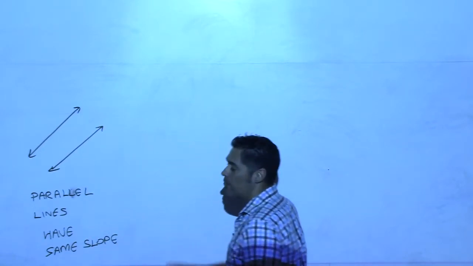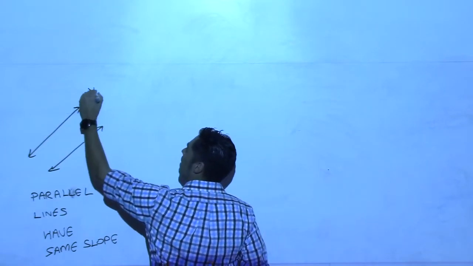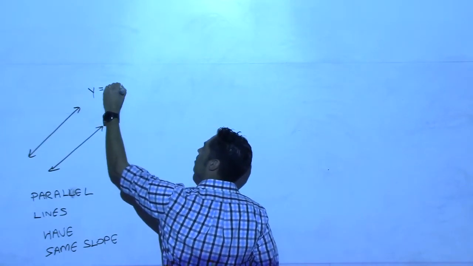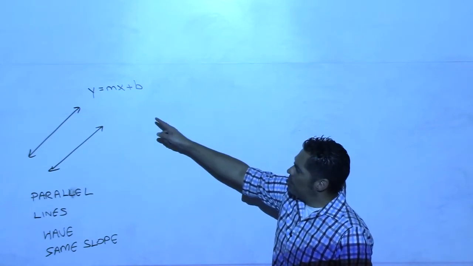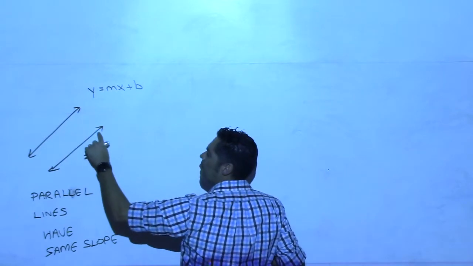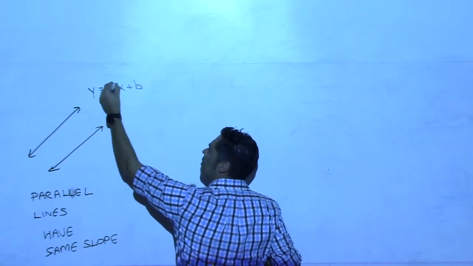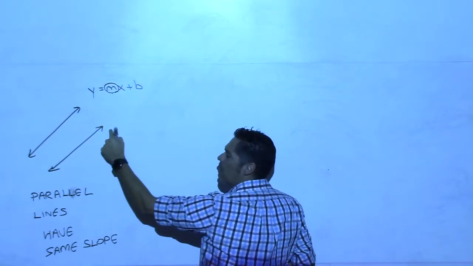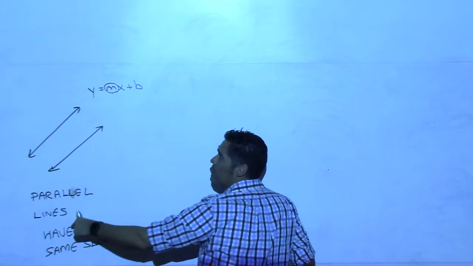So remember that every line can be written as y equals mx plus b. Right? We talked about that already. That's called the slope-intercept form. So if this line right here has a slope of m, then for this line to be parallel, it must also have the same slope, right? So they must have matching slopes.